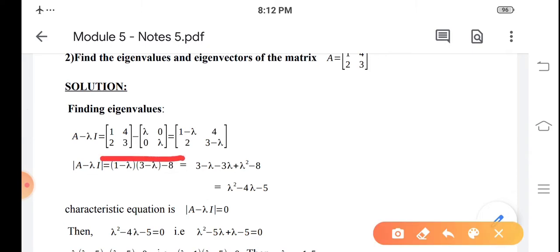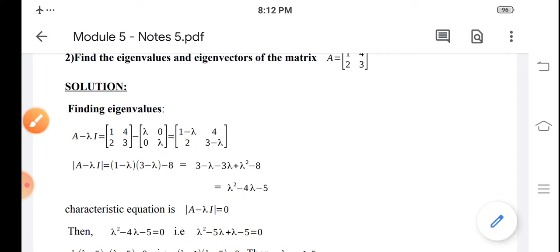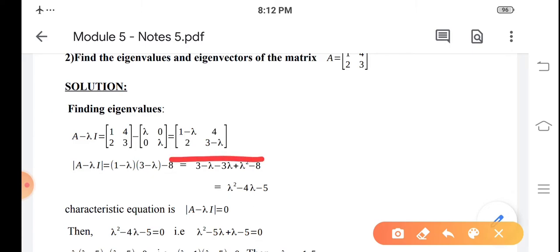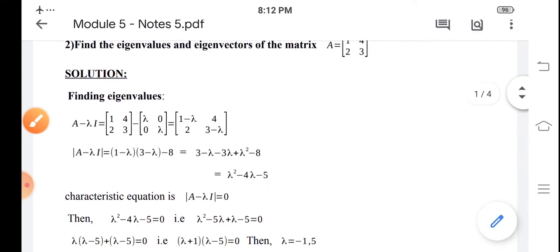Now A minus lambda I is matrix A, first row 1 4, second row 2 3, minus lambda into the identity matrix, that is lambda 0 0 lambda, which equals 1 minus lambda 4 2 3 minus lambda.